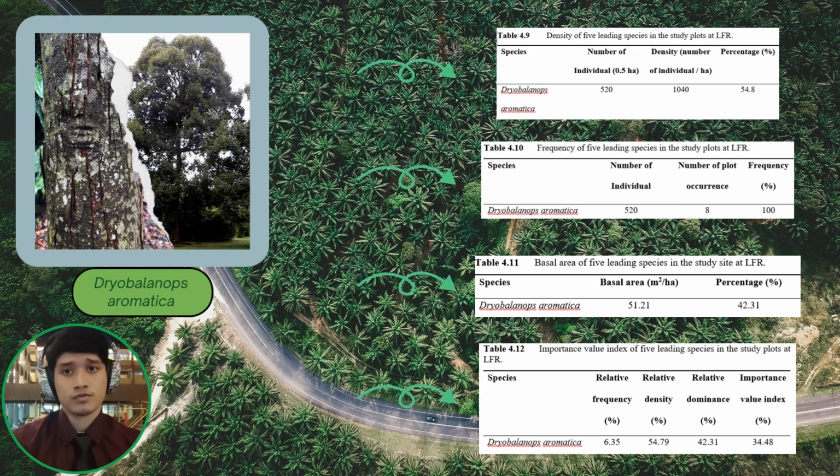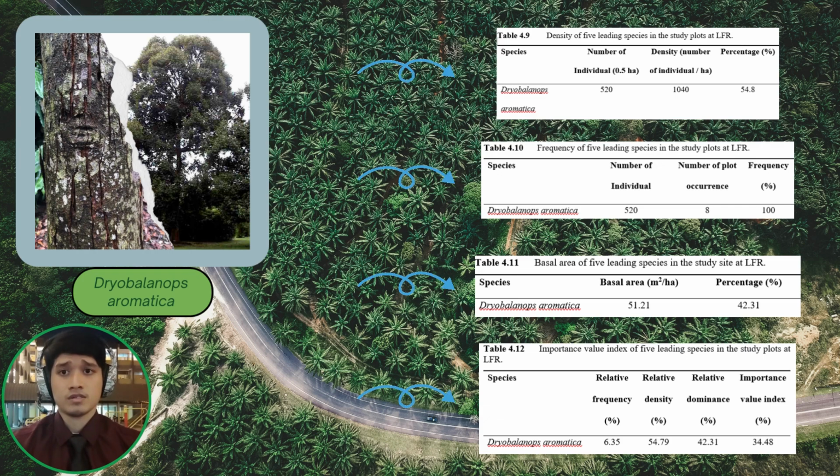By referring to table 4.9, 54.8% of the 949 individuals are dominated by Triobalanops aromatica with 520 individuals. This species also exists in all plots, 8 out of 8, which makes the frequency 100%.